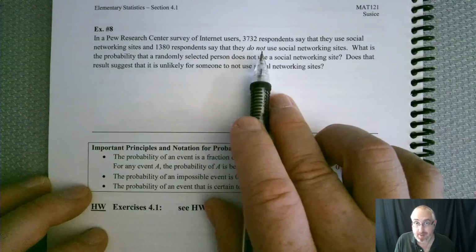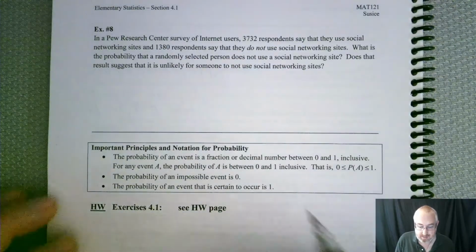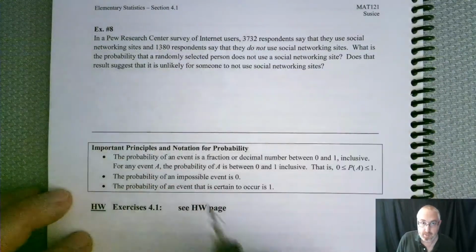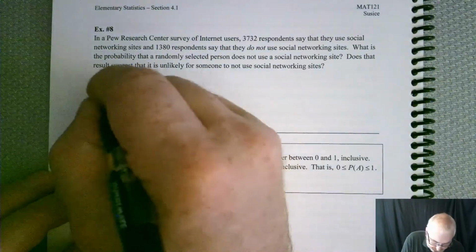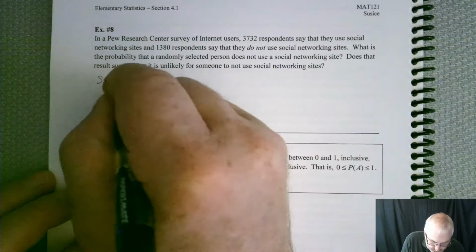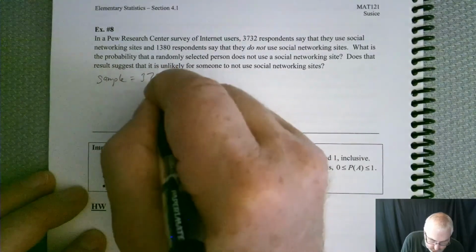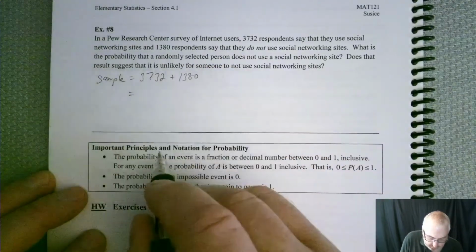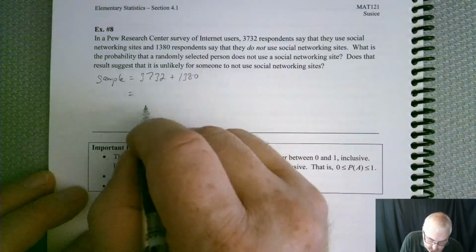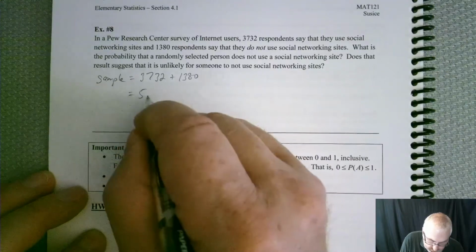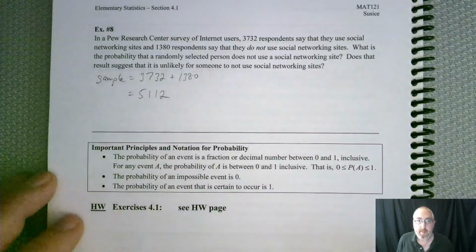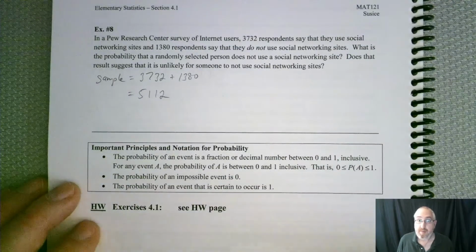Sample's not this, a sample's not that, it's the total. So we need the total. So we got to add those two numbers up. And so that's going to be equal to what? 5,112, looks like. All right. So that's our sample for this problem.